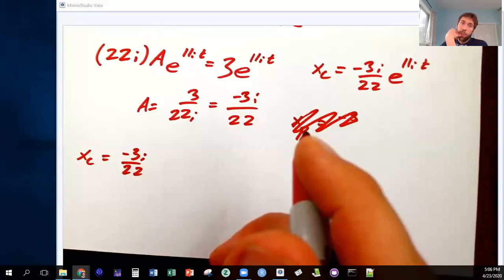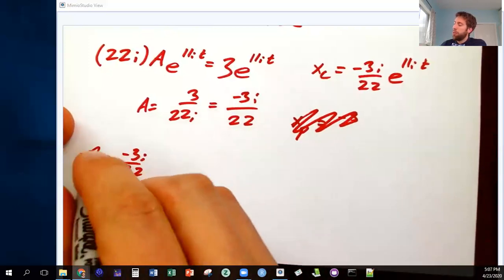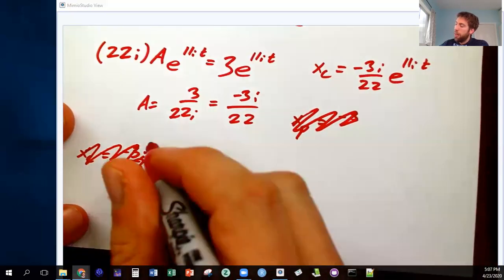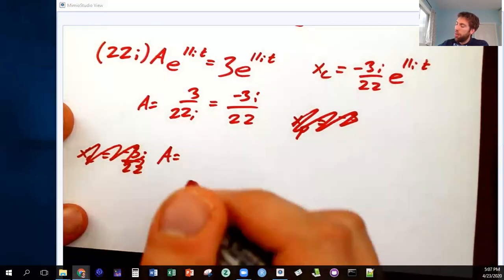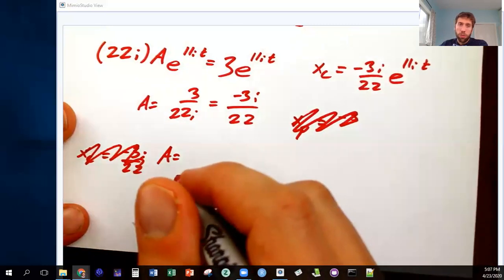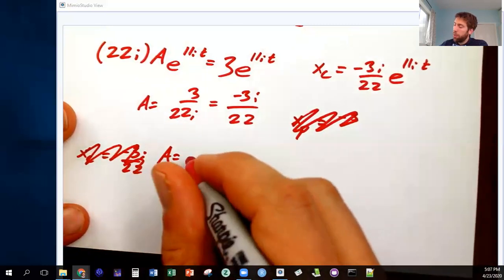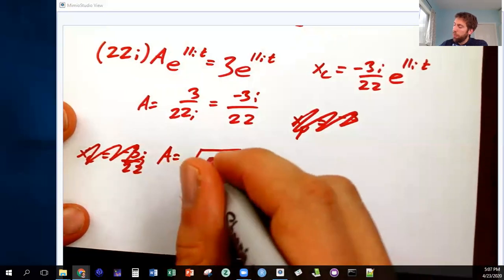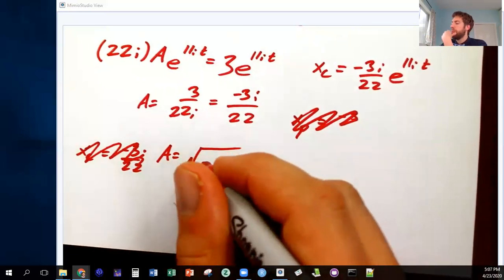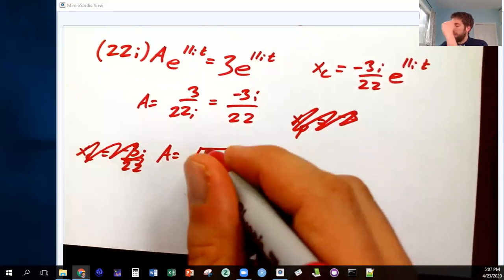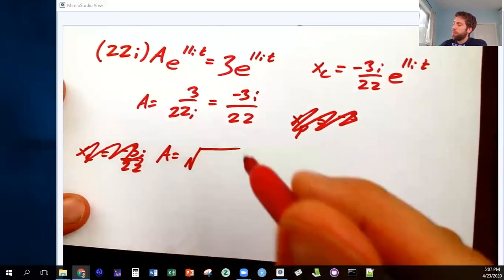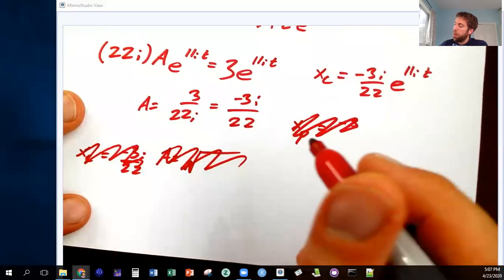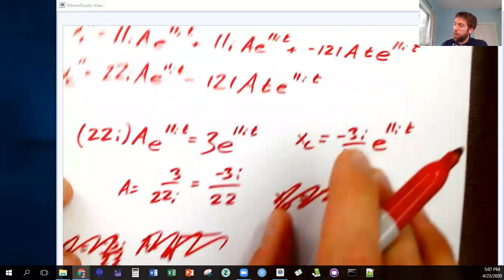Let's do that other trick from section 4.3 and say, what's the polar form of A? Okay, A is a pure imaginary number.